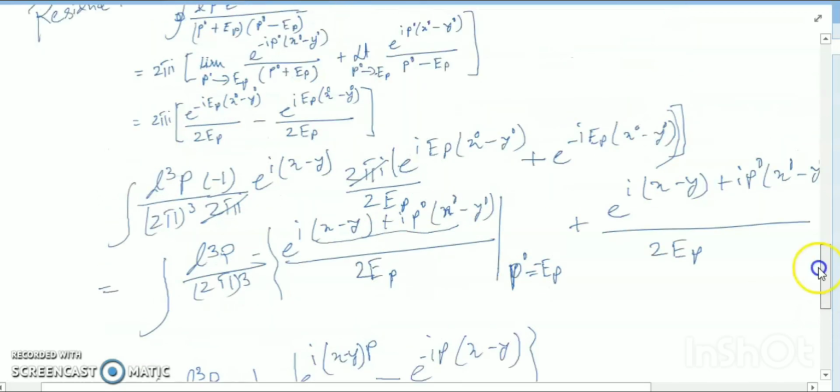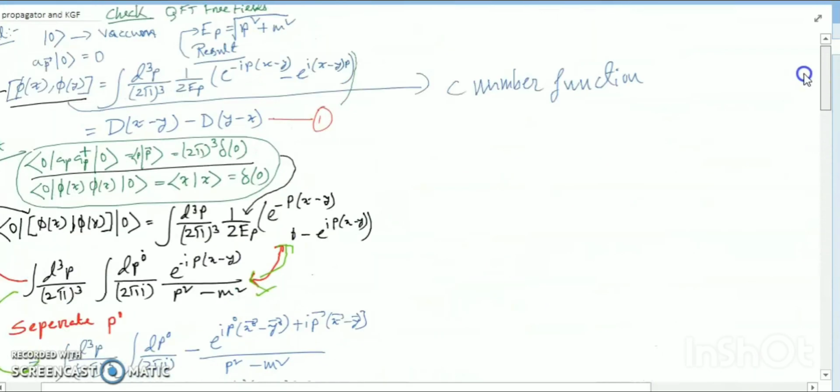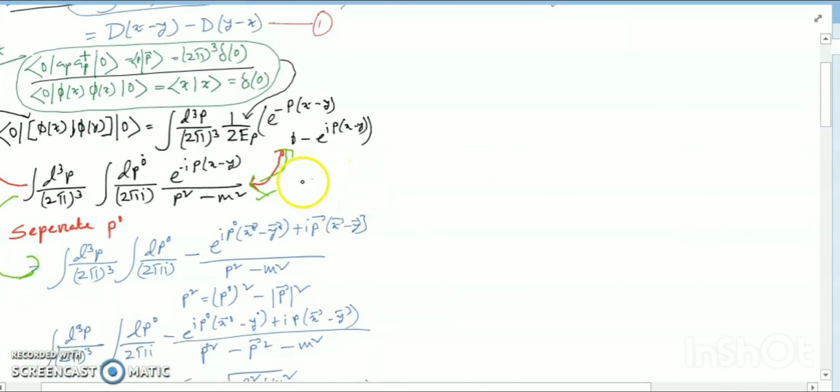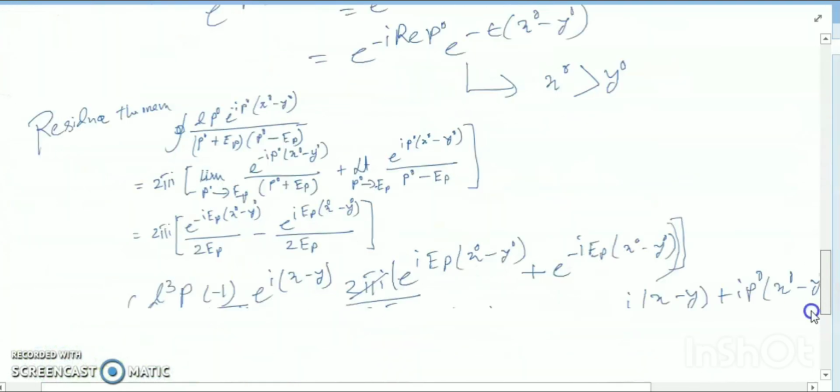You get the result that if this value equals this value, it is proved. So I hope it is clear that every step I have already discussed, when it is convergent, when x0 is greater than y0.